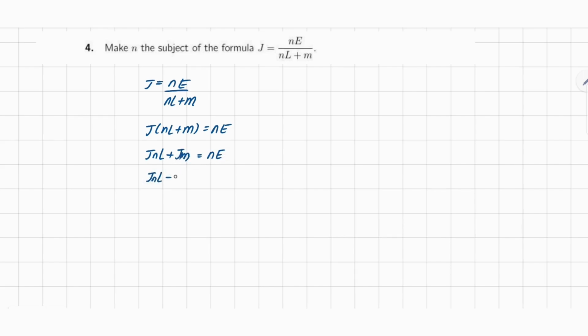I'm going to subtract the entire equation by n E. Take n as a common term.